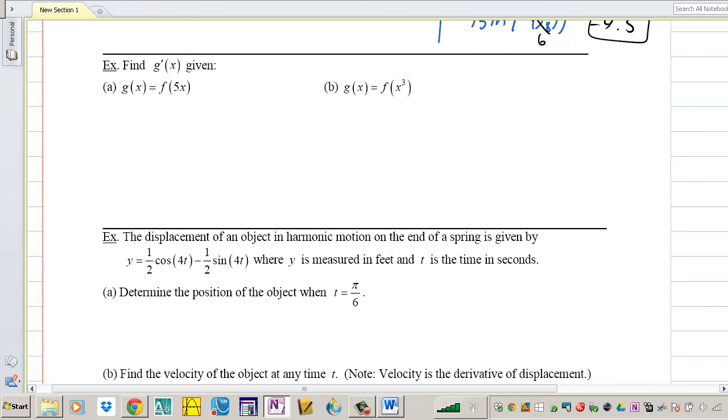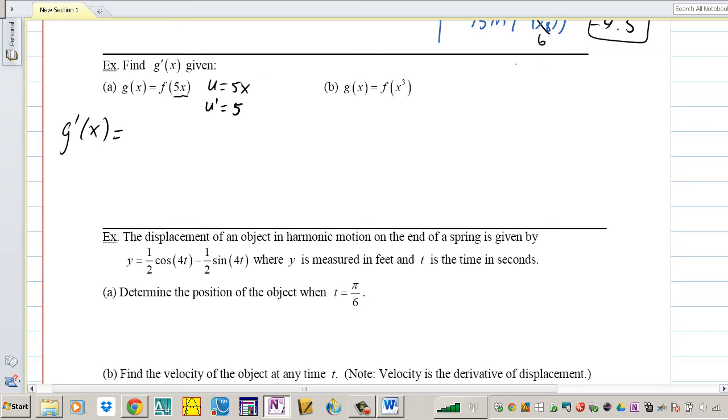Find g prime of x given this. This time we don't have a function, but it doesn't matter, because I'm going to let u equal 5x. I'm going to let u equal the inside. What is u prime? u prime is 5.